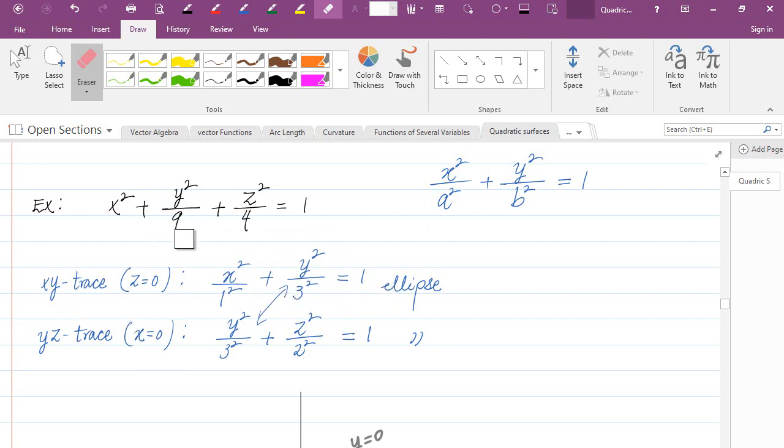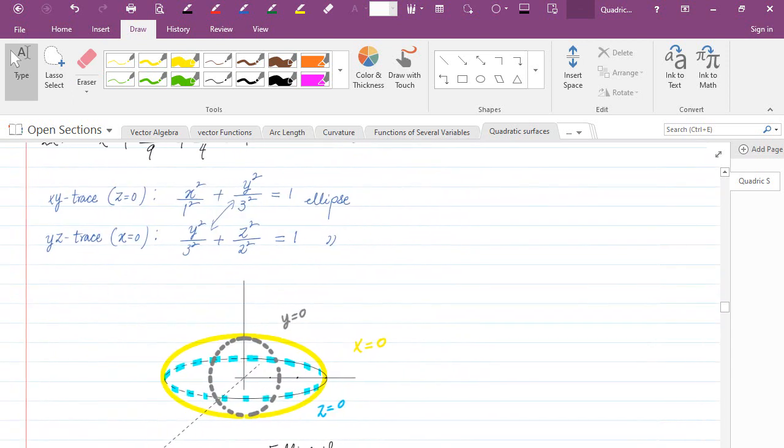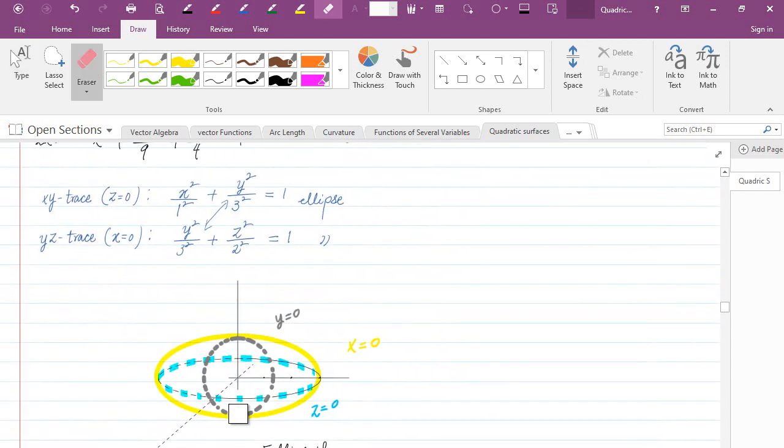Similarly, if I look at the yz trace, which means that I plug in 0 for x, we also get an ellipse. Notice that in my picture, the blue dotted ellipse is the xy trace, and the yellow one is the yz trace, and they are ellipses.